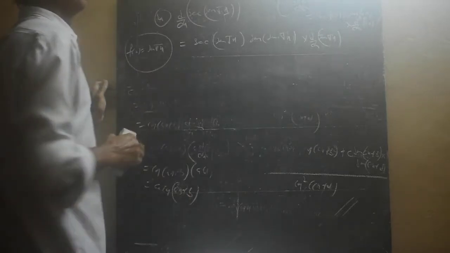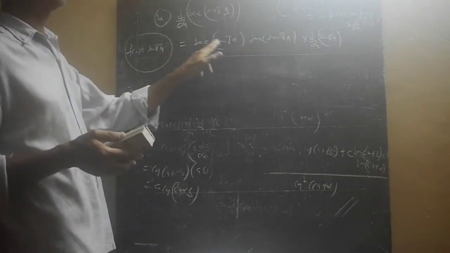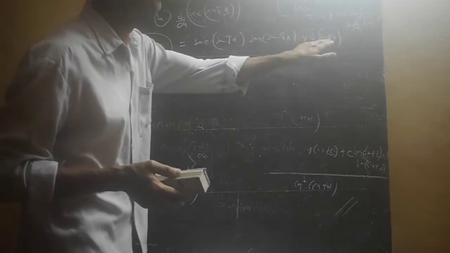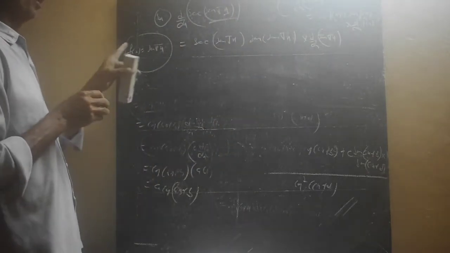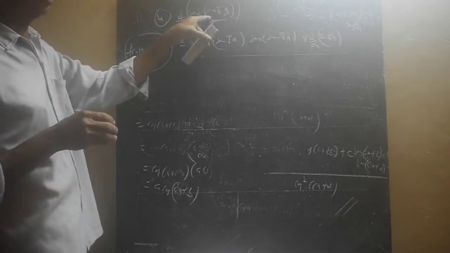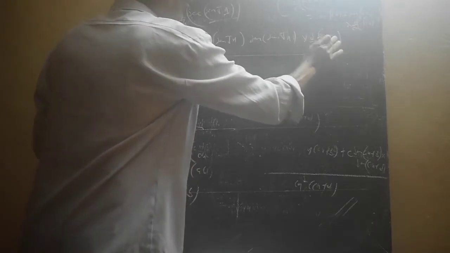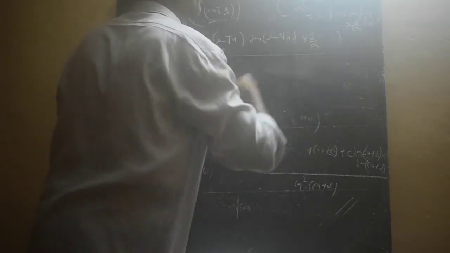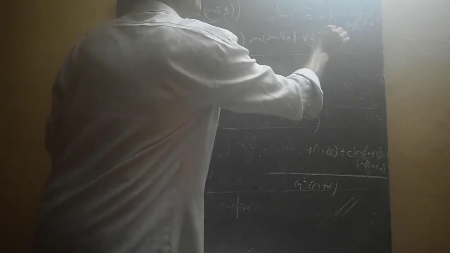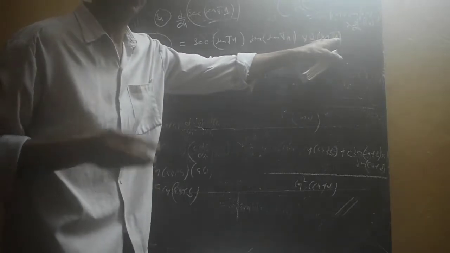Okay, repeat it. It is sec tan root x into sec f of x differentiation, sec f of x into tan f of x into d by dx of f of x. What is the f of x here? Sec tan root x. Now I have to differentiate tan f of x. Now it is not tan x, it is tan root x.